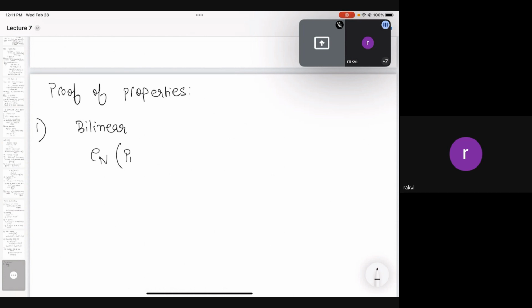So e_n(P1 plus P2, Q) must be e_n(P1, Q) times e_n(P2, Q). Now, this addition becoming multiplication on the right-hand side might seem a bit odd at first, but it is perfectly natural, because vector spaces are groups with respect to addition, so this is basically the group operation.